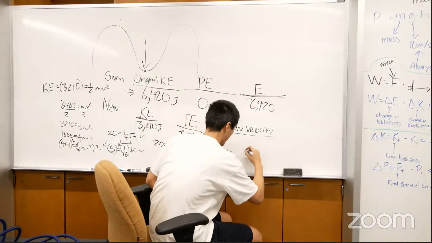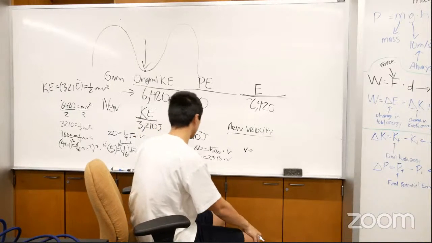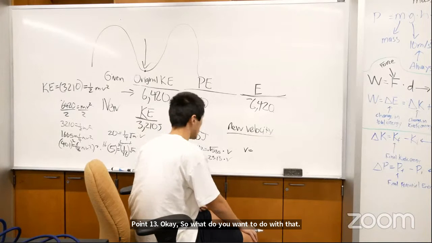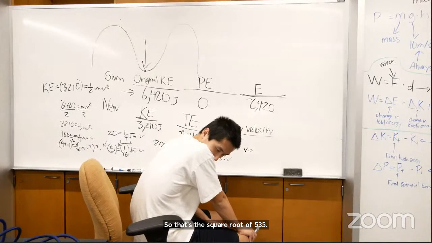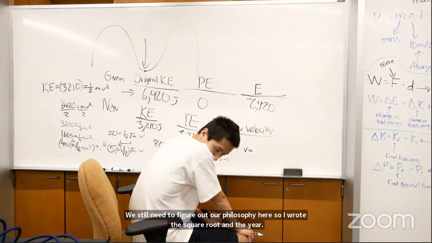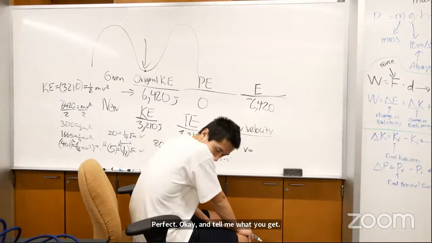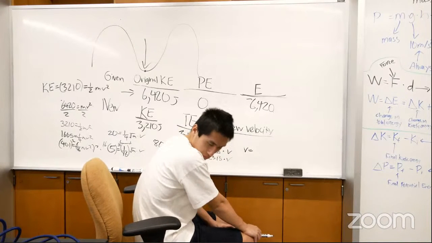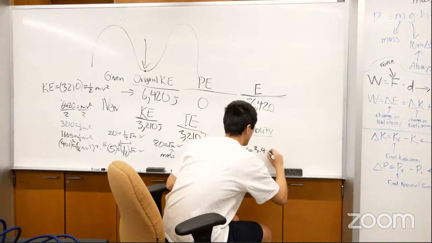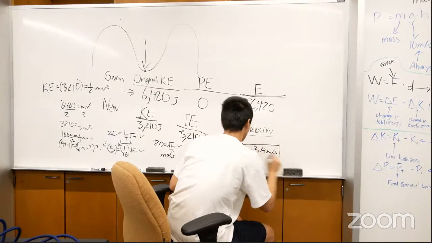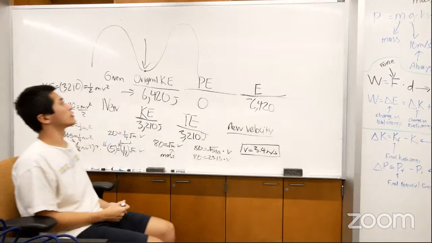Okay, and tell me what you get. 3.4. Perfect. Okay, so now we have our velocity, 3.4.